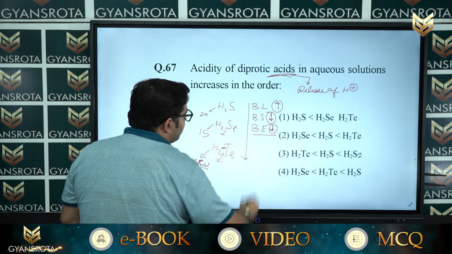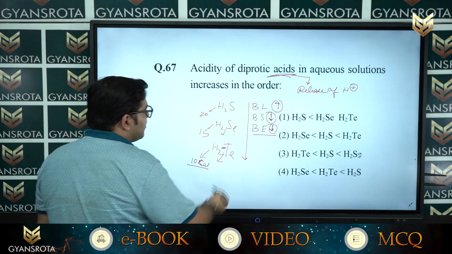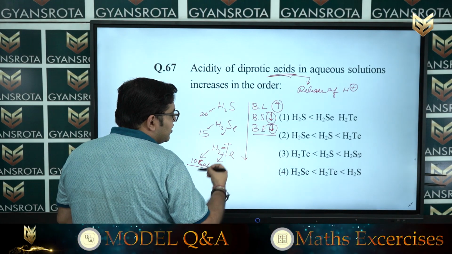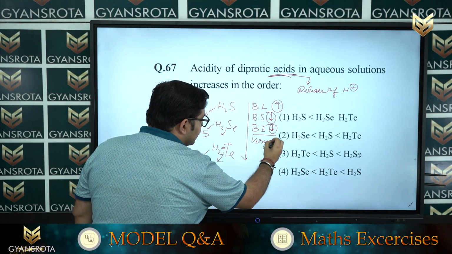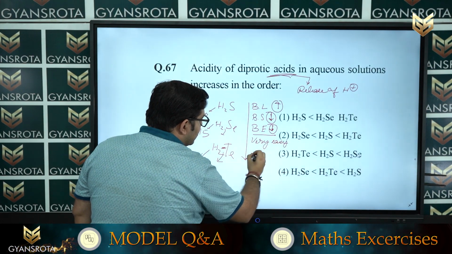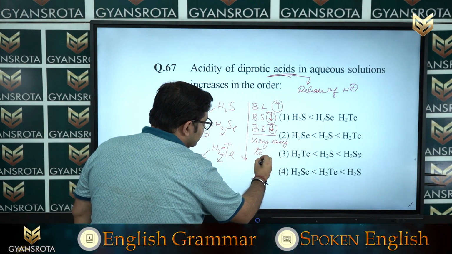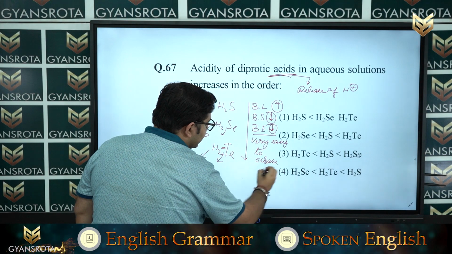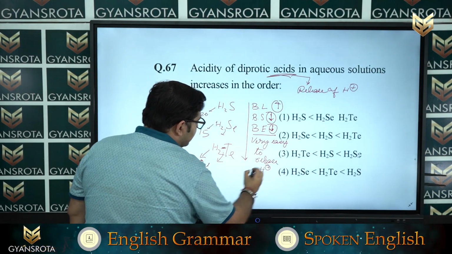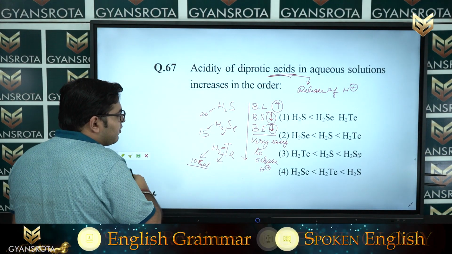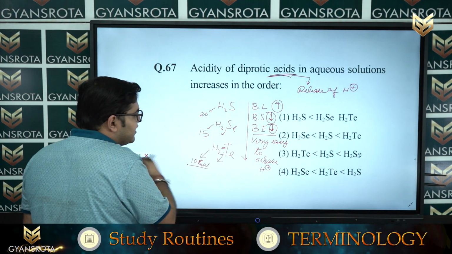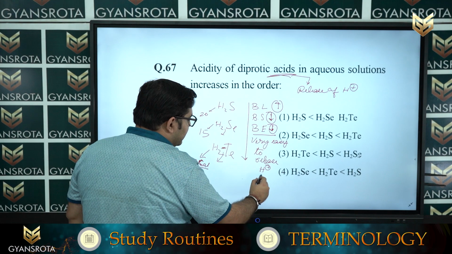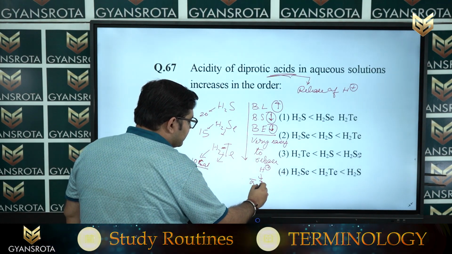So, down the group bond energy decreases. When bond energy decreases, it will be very easy to release H plus, right? It means this bond can easily break, and if I provide less energy, this H plus will be easily released. As a result acidity increases.